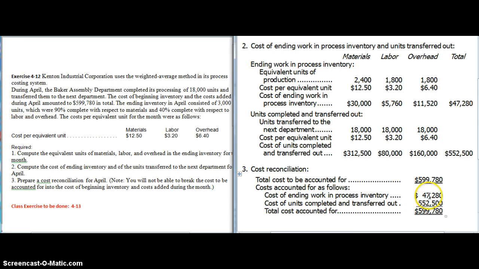You add $47,280 and $552,500, and it should give you an amount of $599,780, which should match or agree with the cost of beginning inventory and the cost added during the month, which you have taken down from the question here. So that is how a cost reconciliation is done.